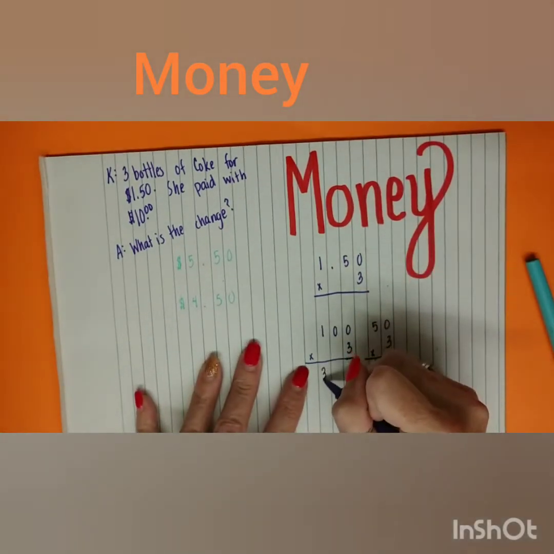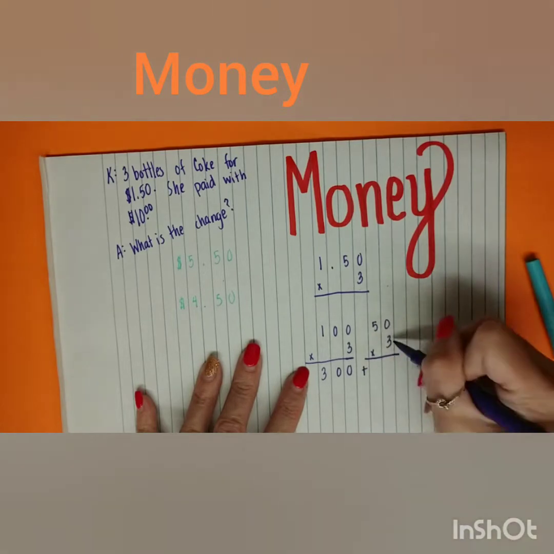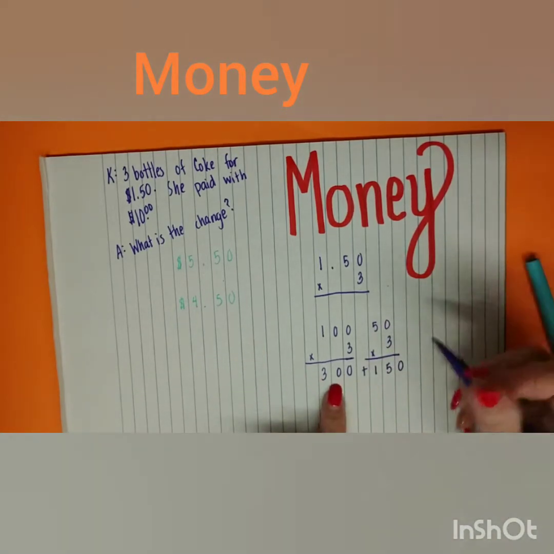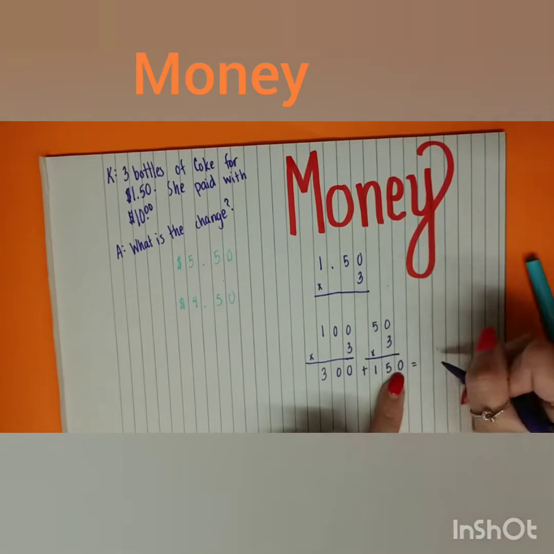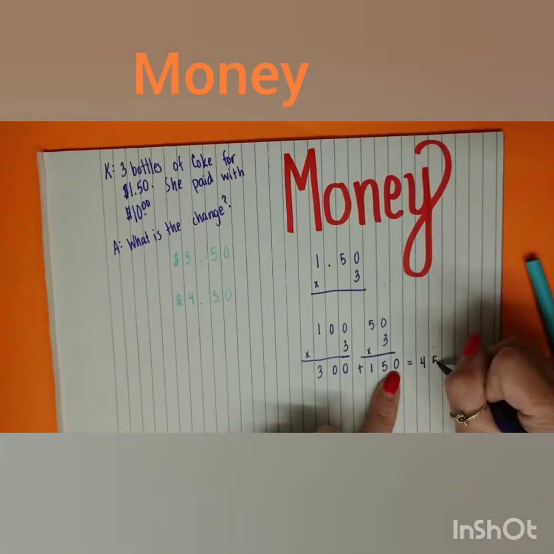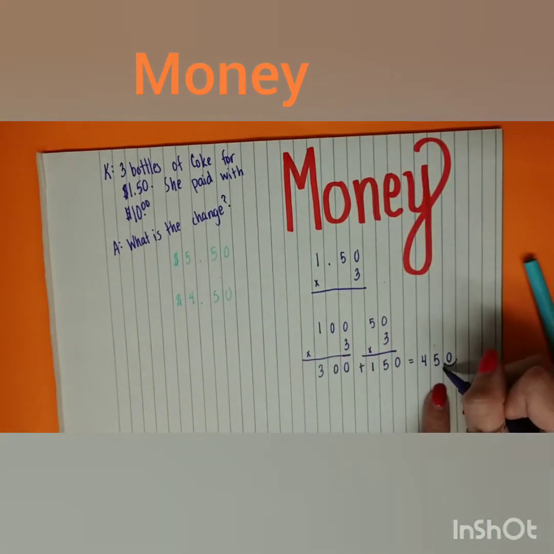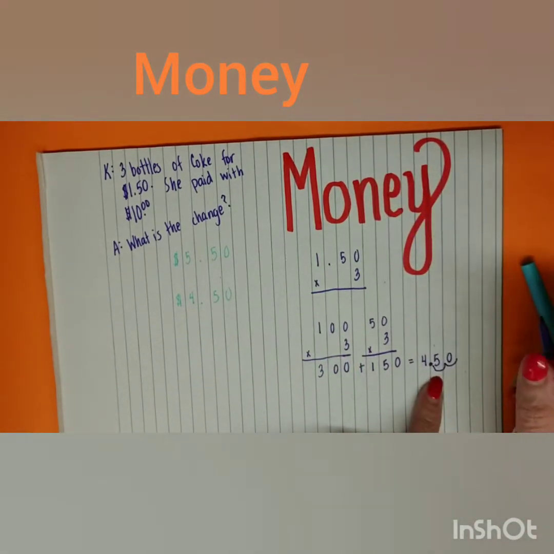So this is 300 plus 150, so 300 plus 150 equals 450, and there are 2 decimal places, so I start at the end and go over 2 decimal places, $4.50.